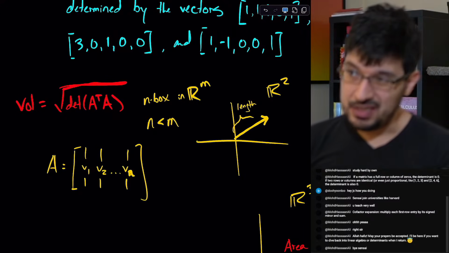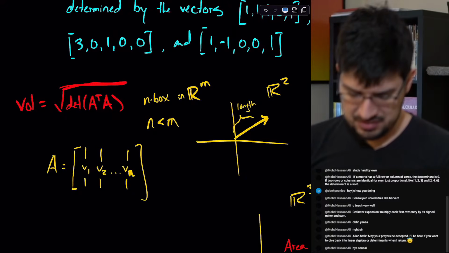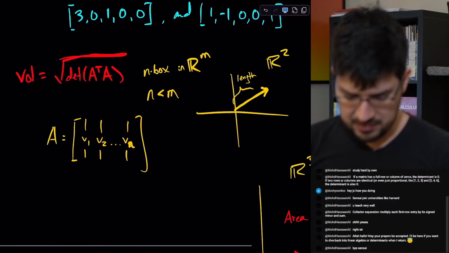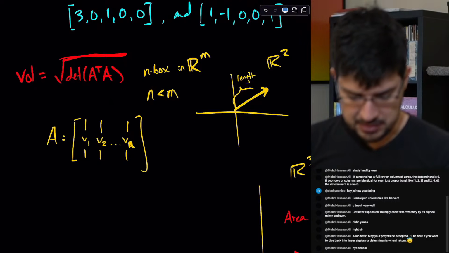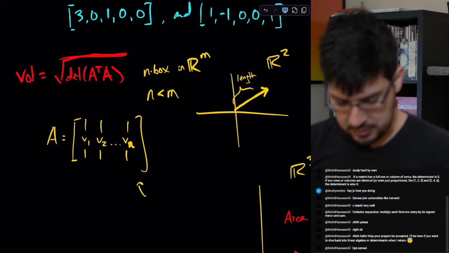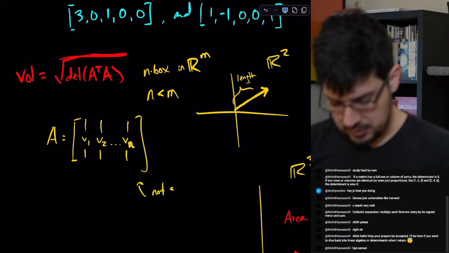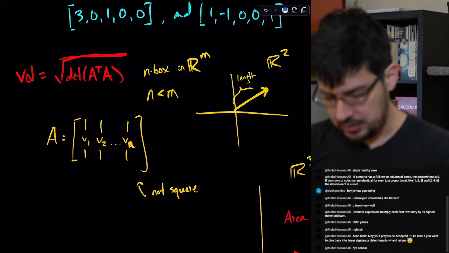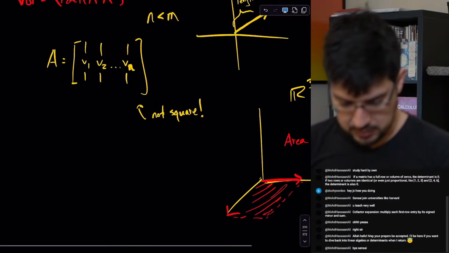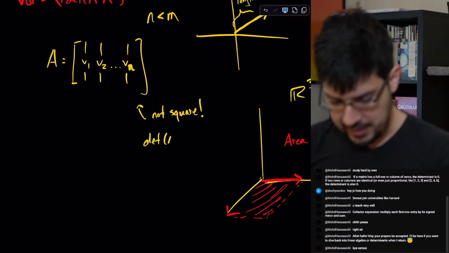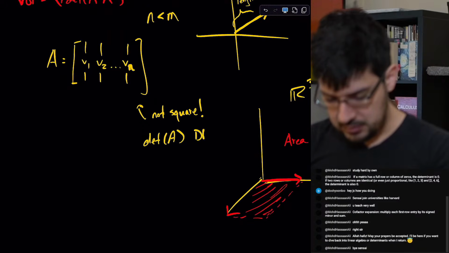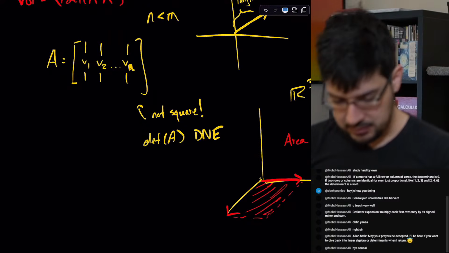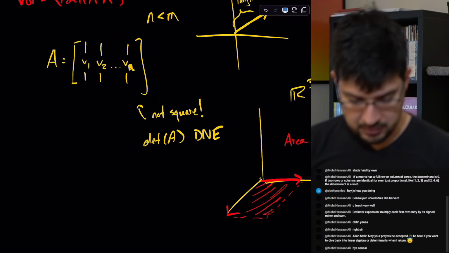Maybe I should be saying m less than n, but I don't know. We usually use n then m. Anyways, this is not a square matrix, right? It's not square, so determinant of A is not defined. It does not exist.